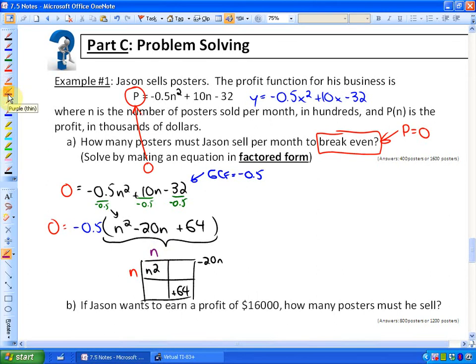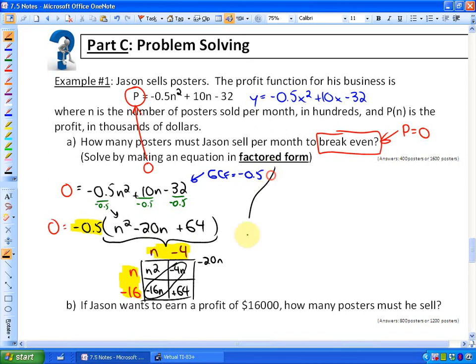And the two numbers that multiply to 64 and add to negative 20 will be negative 4 and negative 16, because these will be negative 16n and negative 4n. Those diagonals make negative 20n, and negative 16 times negative 4 is positive 64. So our factors here are all the parts highlighted in yellow.